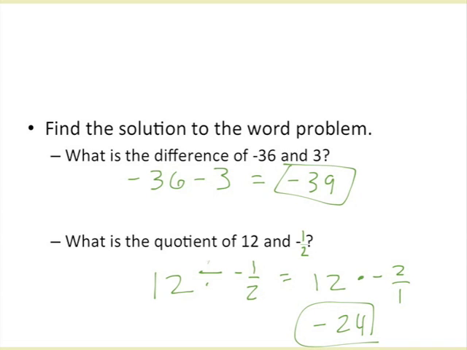If you give me a right answer and there's no work, I will still give you the credit for that right answer. But if you give me a wrong answer and the problem is worth more than 1 point, you're losing everything because I don't know where you went wrong on it.